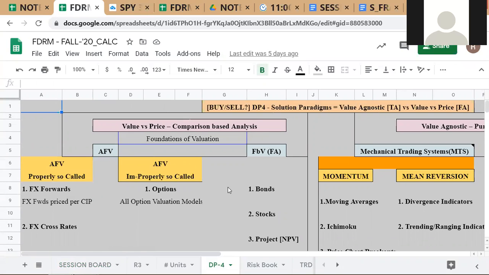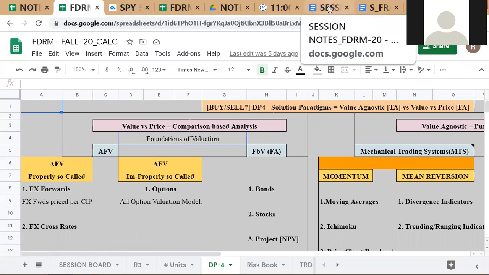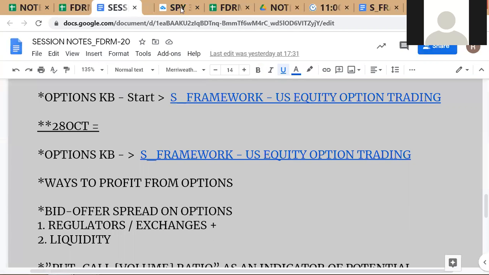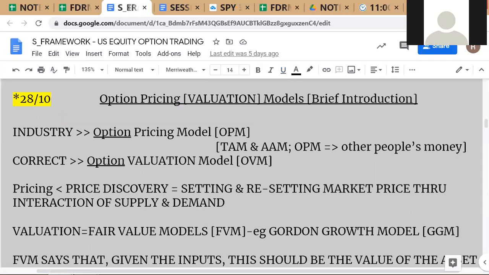Now you're familiar with this discussion already because we have done this before. What we want to discuss here is this particular module on option pricing, option valuation models or pricing models. Now we have to bring back to the table the distinction between price and value.